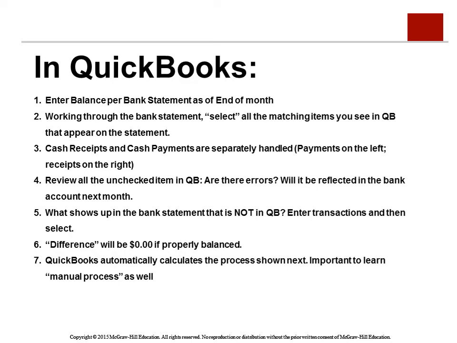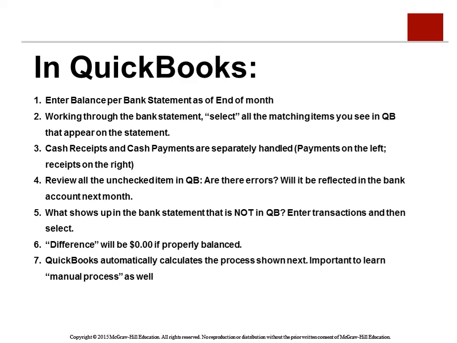But basically what we're going to do, you'll see in QuickBooks, is we'll have the payments on the one side, the receipts on the other side, and working through my bank statement, I'm going to select all the matching items that are on QuickBooks that appear on my statement. So on the right side, I see a deposit for $30. I select deposit for $30.